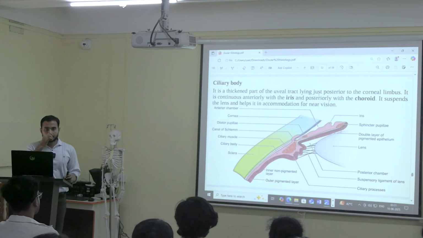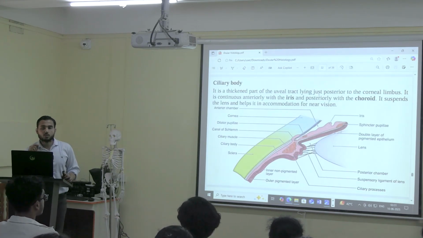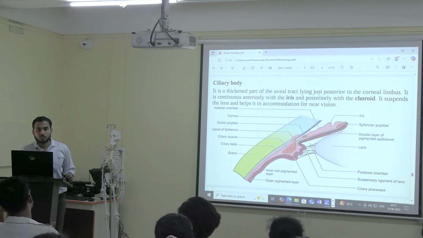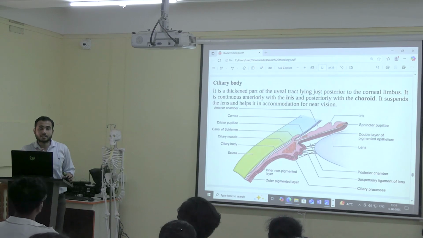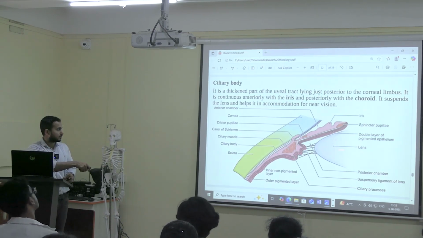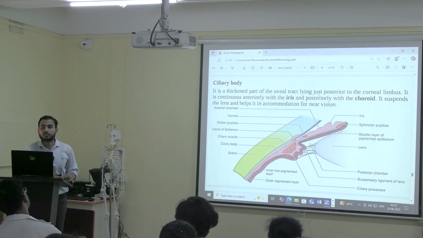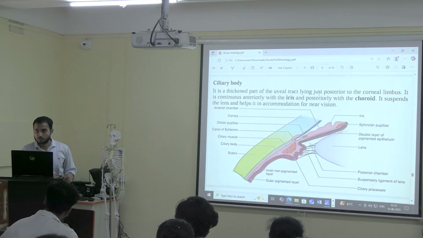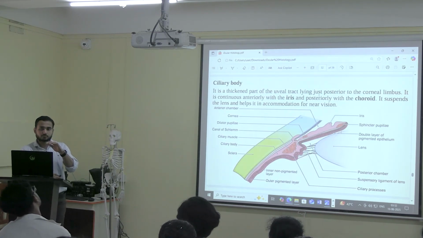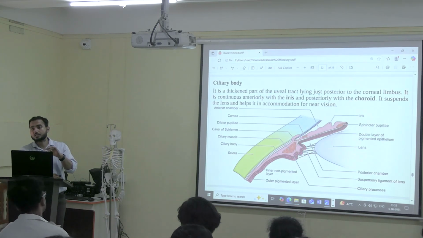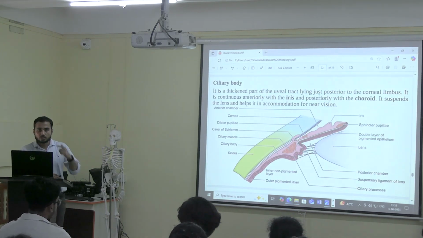In the microscopic structure of the eyeball, or ocular histology, you have to study the microscopic structure of the lens. This is also there. Then the microscopic structure of the eyelids, upper eyelid and lower eyelid.